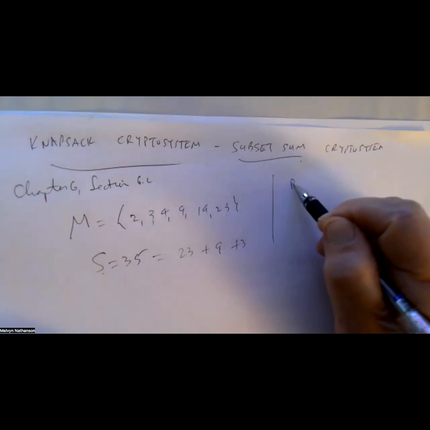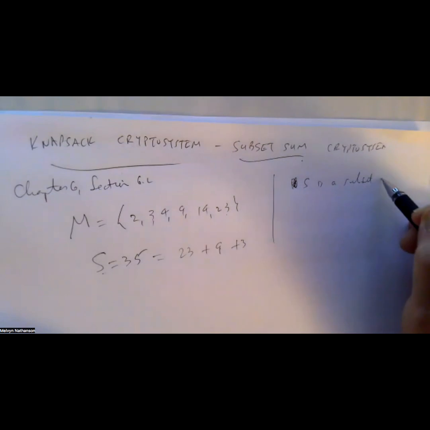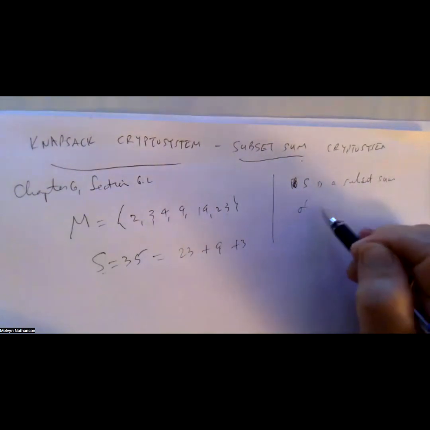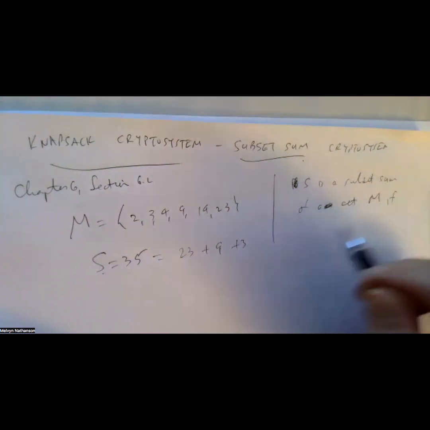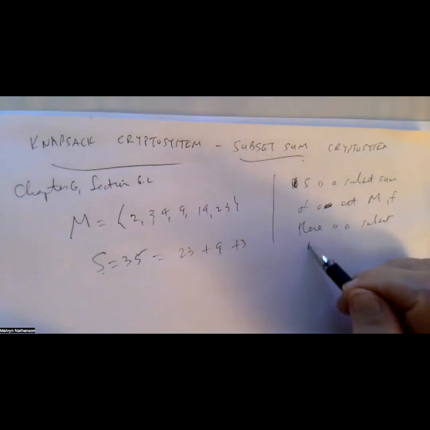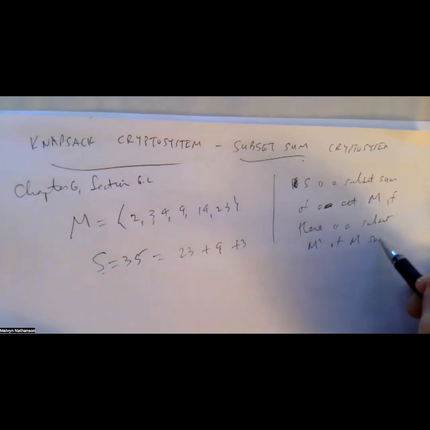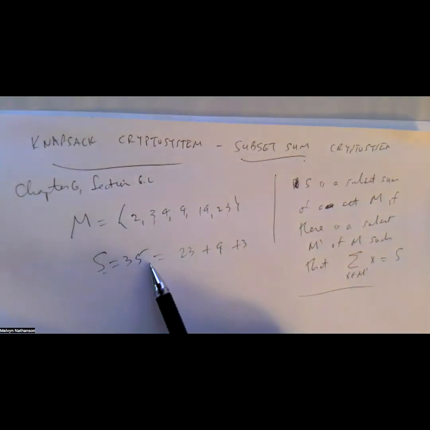In general, S is a subset sum of a set M if there is a subset M prime of M such that if I take the sum of the elements in M prime, summation of x over x in M prime, it's equal to S. Right? So 35 is a subset sum of M.